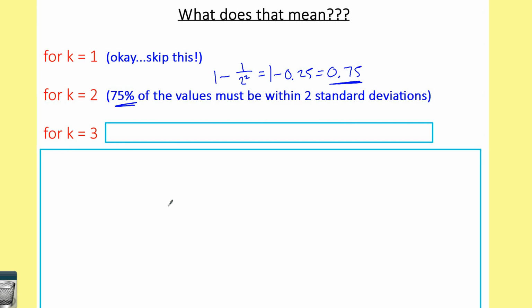So we plug that in. 1 minus 1 over 3 squared. So we get 1 minus 1/9. What is that? 0.1 repeating.